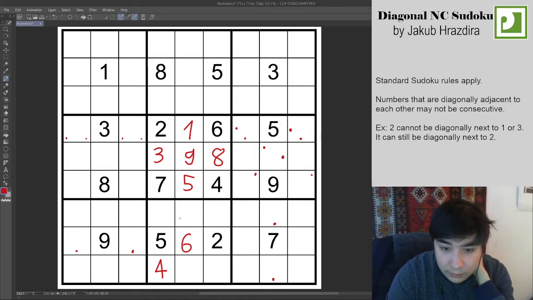This gives us 7s that have got to be in the center here. Meaning the 7 pair goes in those spots in the top middle box. This is now a 7-8 pair because of Sudoku.